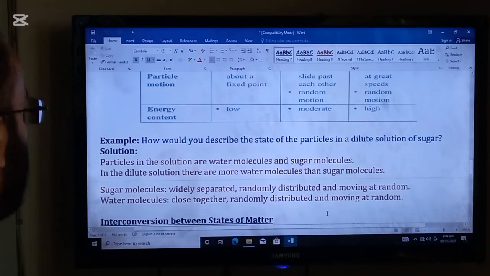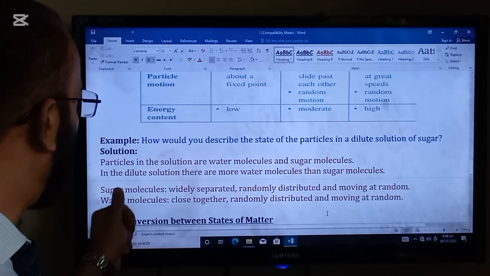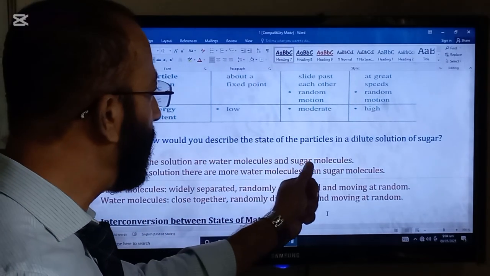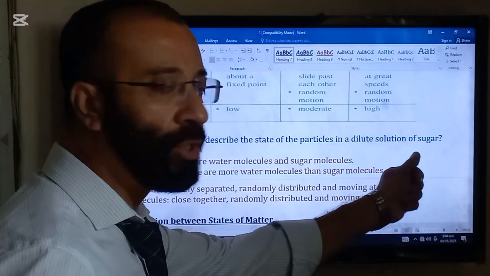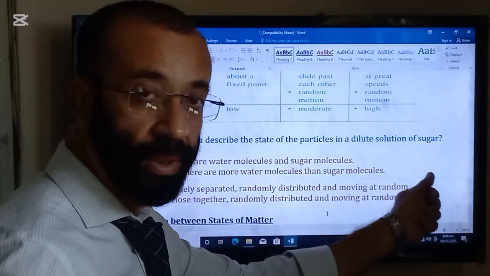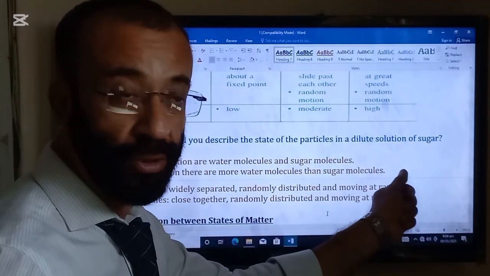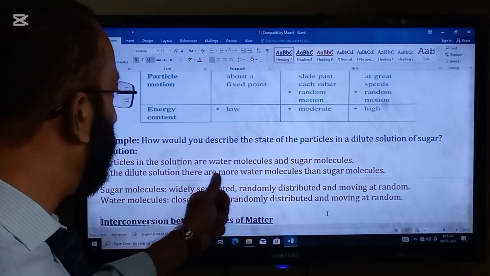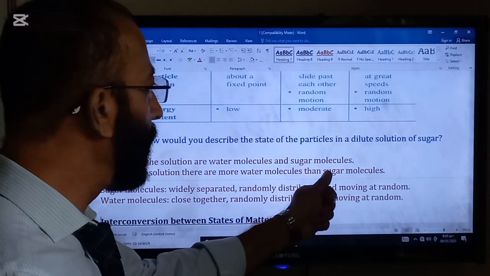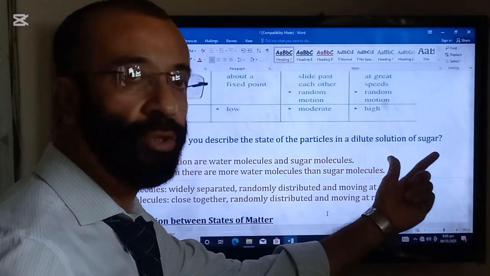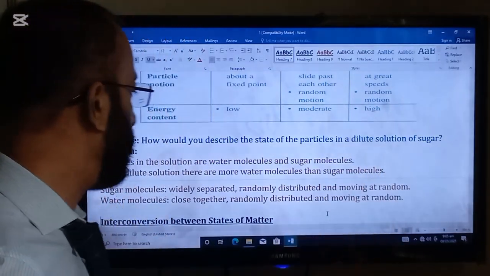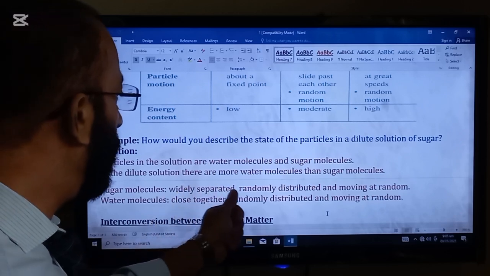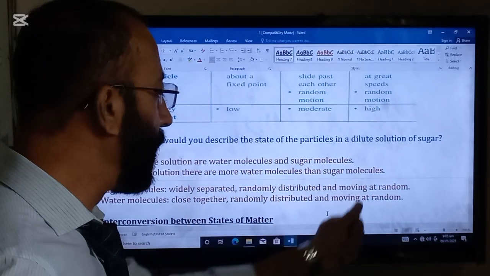Here we are going to read an example. The question is, how would you describe the state of the particles in a dilute solution of sugar? So, dilute solution. Particles in a solution are water molecules and sugar molecules because a solution of sugar is given. In a dilute solution, there are more water molecules than sugar molecules.